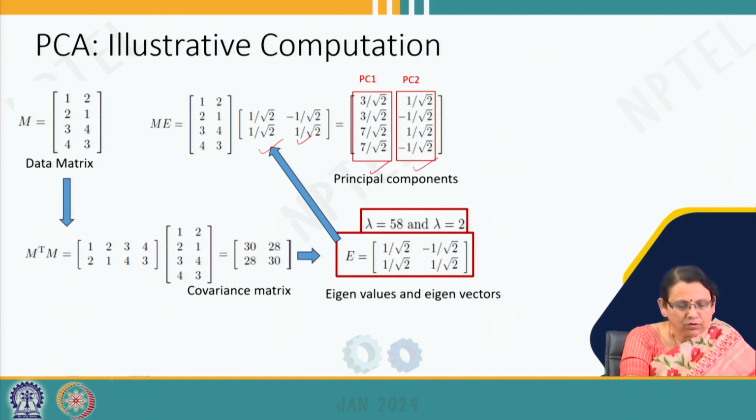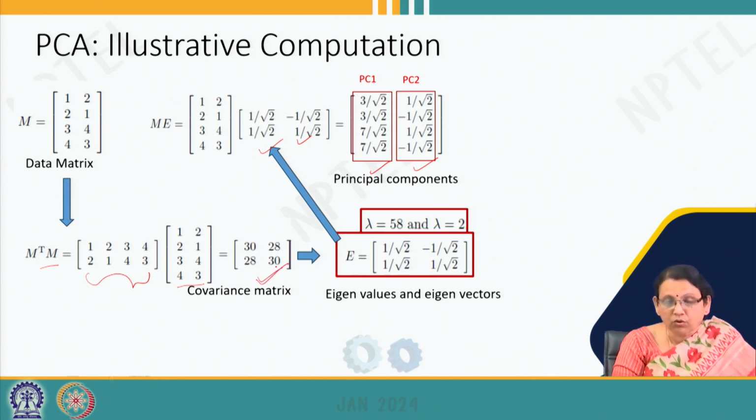Now, here look, how did we get these eigenvectors and eigenvalues? Look, M transpose M, that is the transpose of the original data matrix times the data matrix, gives us the covariance matrix.